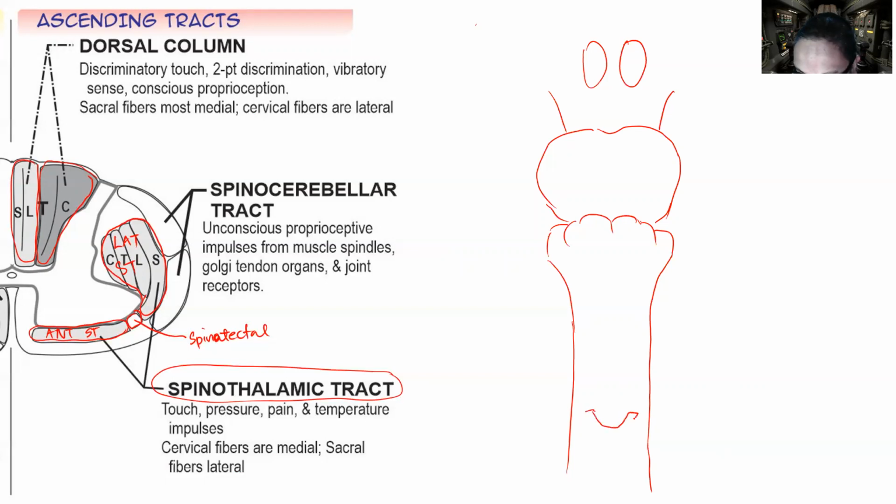Let's draw your gray matter. Let's go in detail.